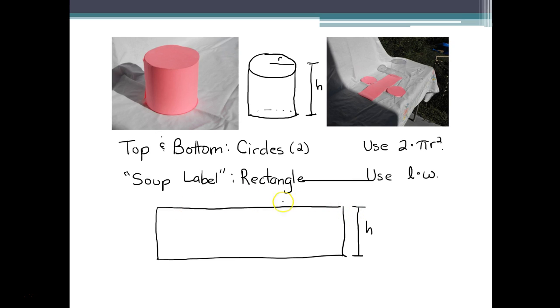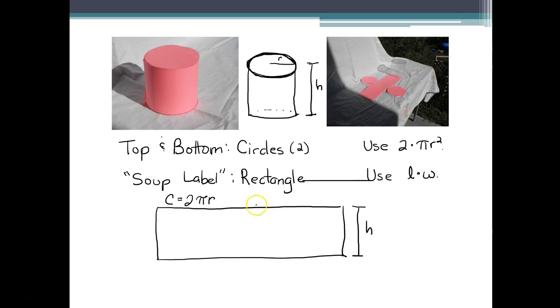This dimension, though, is a little trickier. But notice that as you unroll the soup label, the soup label fits perfectly around this circle. What is the distance around the circle? That's the circumference. Let's go ahead and use 2 pi r, since we have things in terms of r.